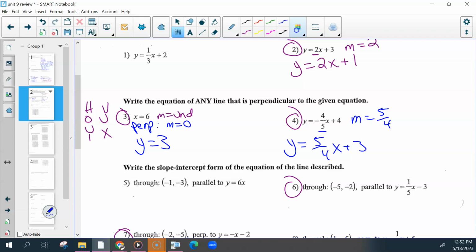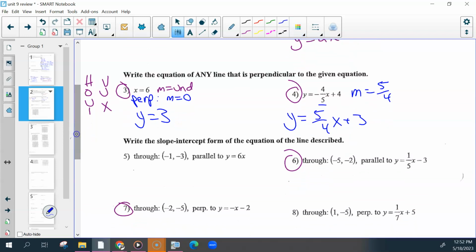Questions on that? Sure. As long as it's perpendicular, it can be the same. If it's parallel, it cannot be the same.